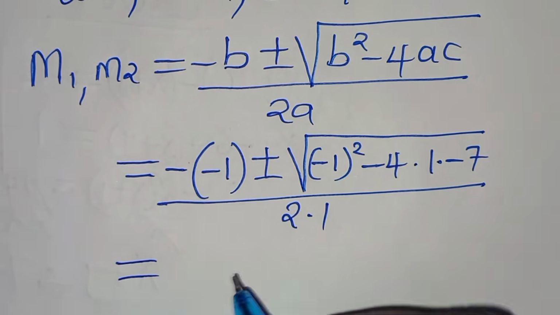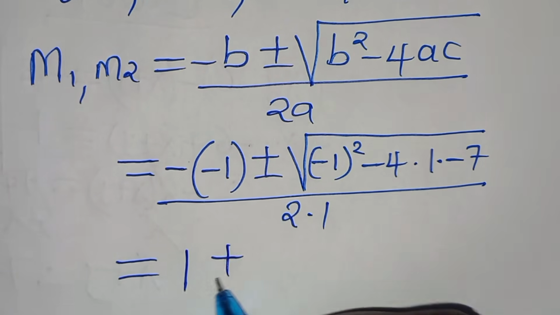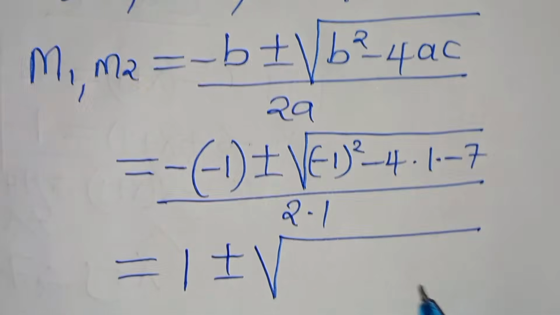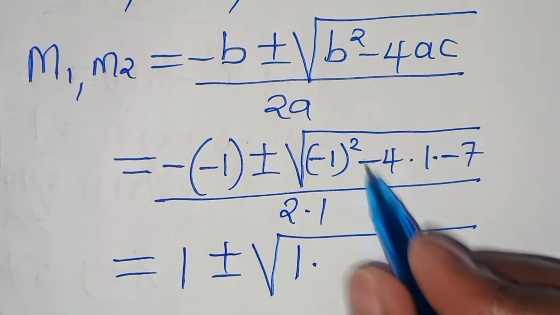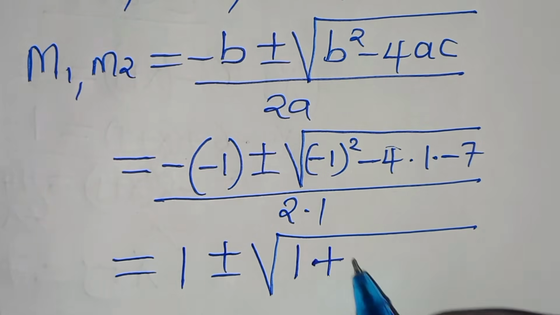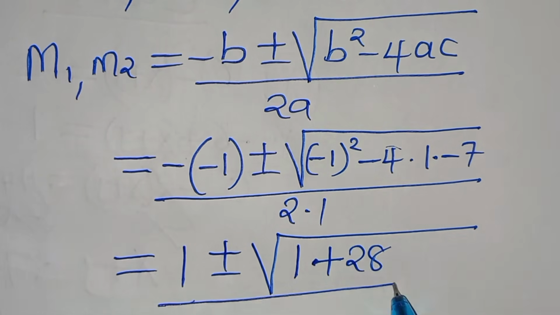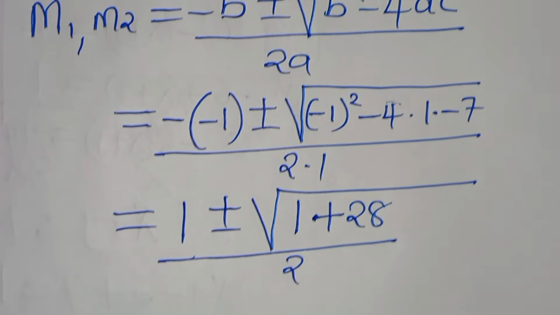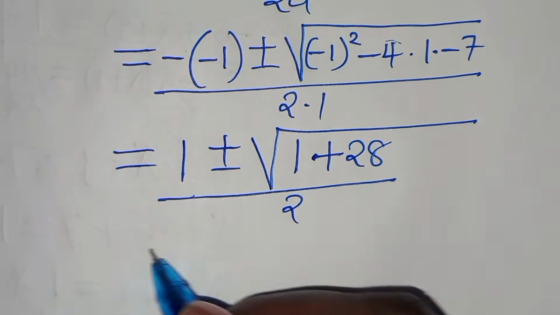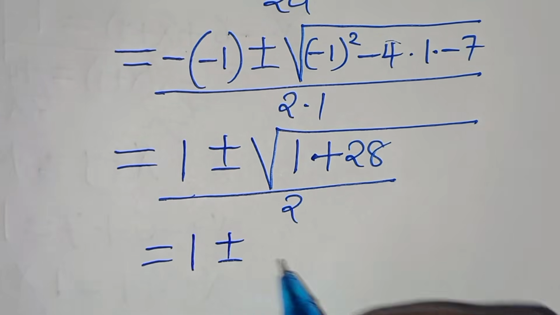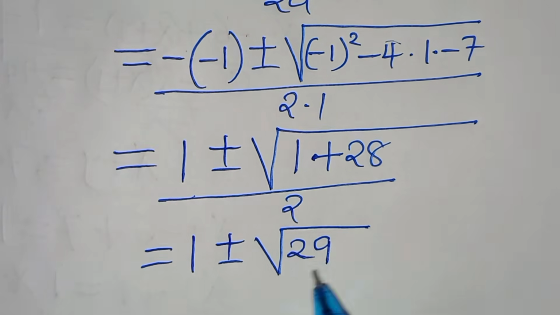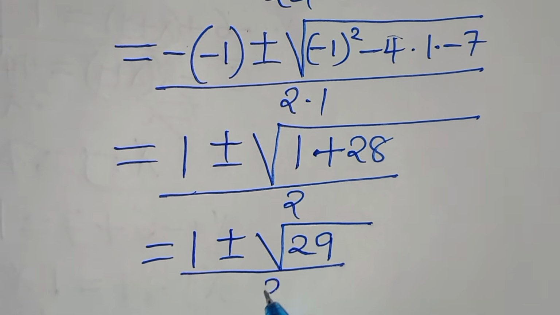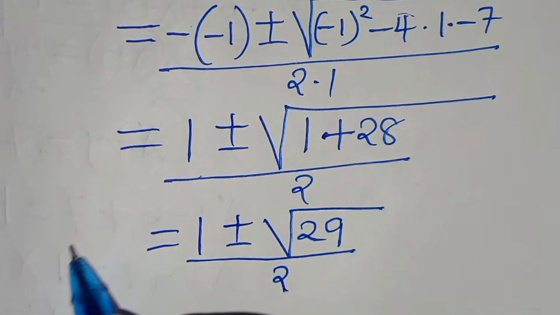So this is 1 plus or minus the square root of 1 plus 28, divided by 2. So here we have 1 plus or minus the square root of 29 over 2. So this is m1.